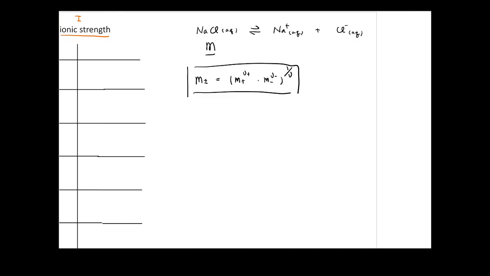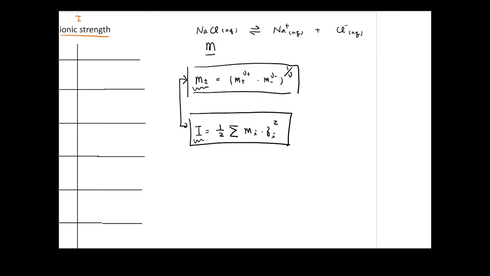To calculate your ionic strength, the equation you use is 1/2 times the summation of m_i times z_i raised to the second power. This is another equation that you need to memorize so you know how to calculate the mean ionic molality and the ionic strength of your solution.